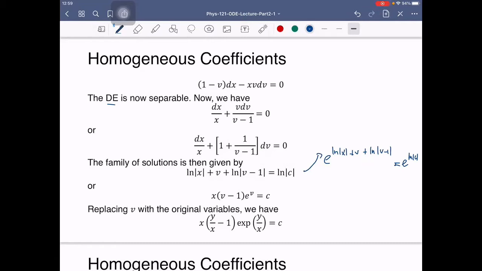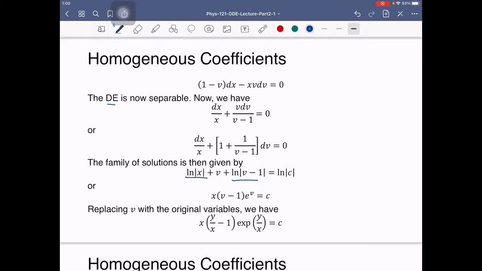wait, may mas madali pala dito. Sorry, guys. Since ln ito, there is some property, no? Kapag nag-add ka ng mga ln's, pwede mo silang gamitin na, halimbawa, kapag addition, so itong dalawang to ln, no? So, this is just equivalent to product. Okay?